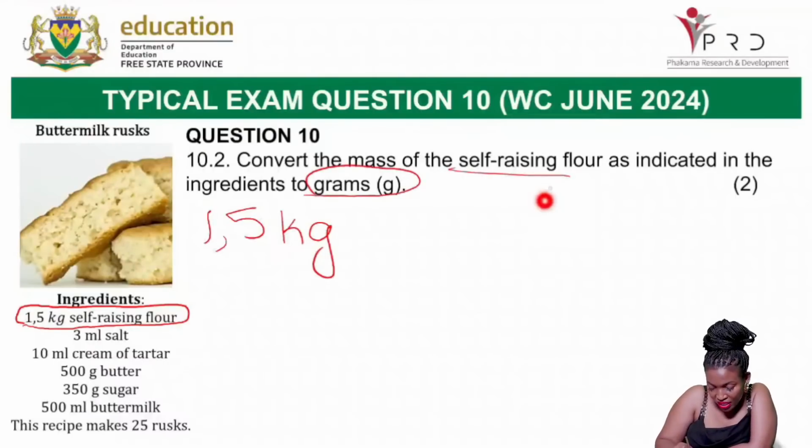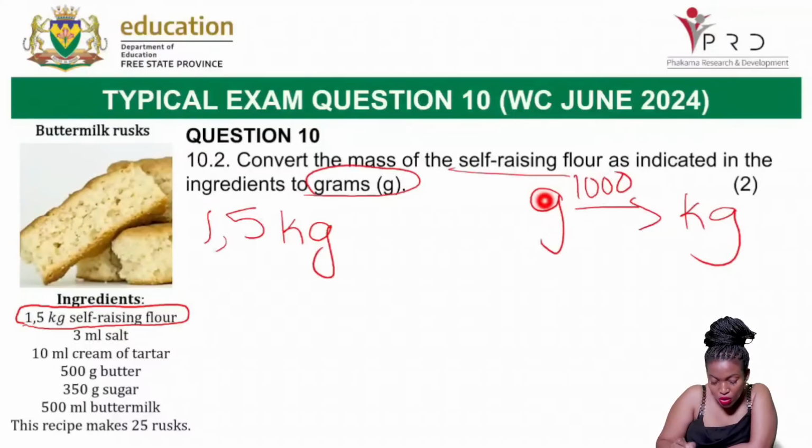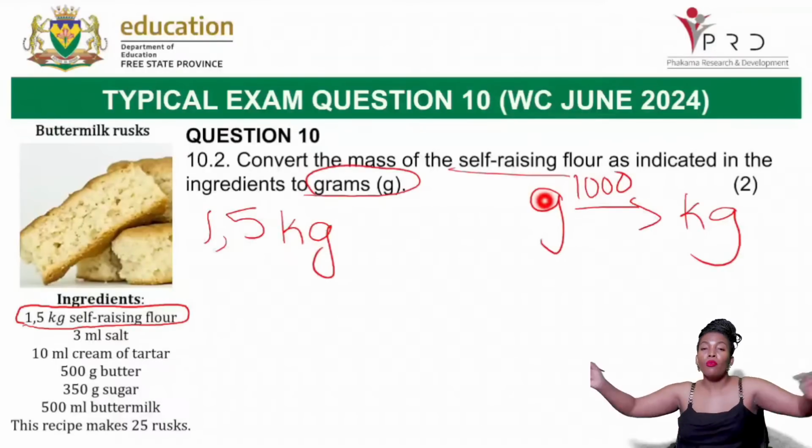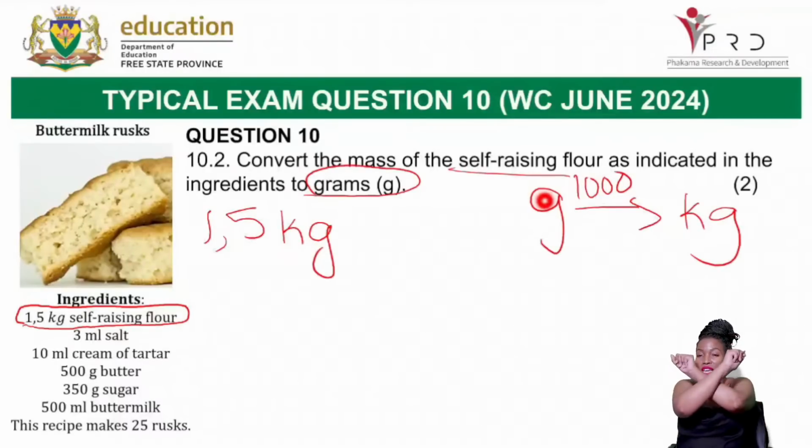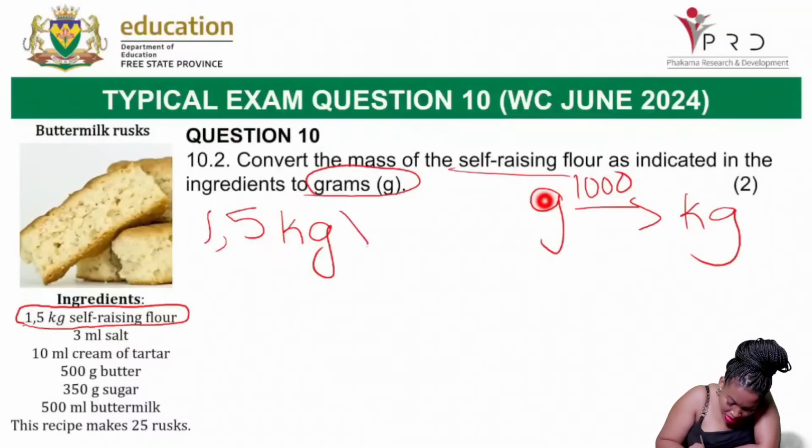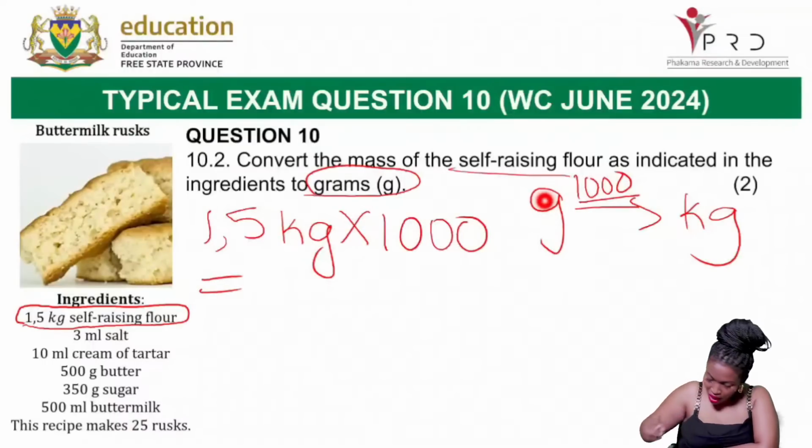What is the converting factor again between grams and kilograms? The converting factor is 1,000. So now we are converting from a bigger unit to a smaller unit. What do we do? We multiply. So we are going to multiply by what? By 1,000. The conversion factor is 1,000.